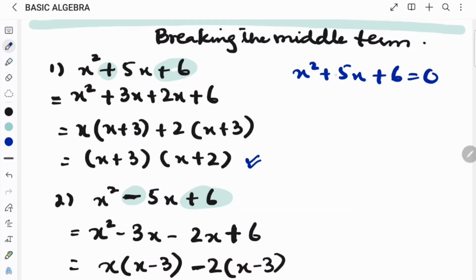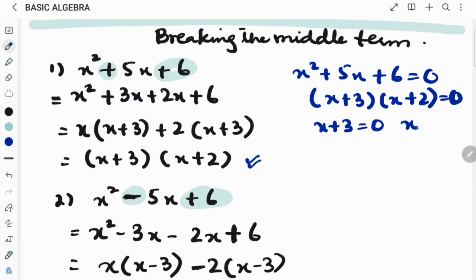So obviously you will get this. You do factorization, x plus 3 and x plus 2 is equals to 0. If one of the numbers should be equals to 0, then the answer will be 0 in multiplication. So either x plus 3 is 0 or x plus 2 is 0. So x equals to minus 3 and x equals to minus 2 for this question.